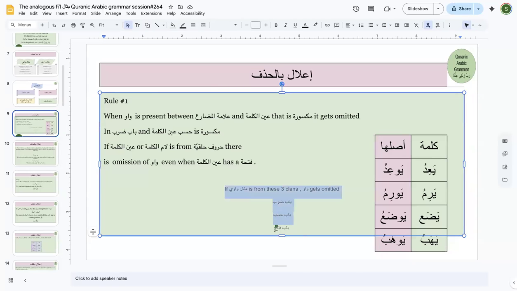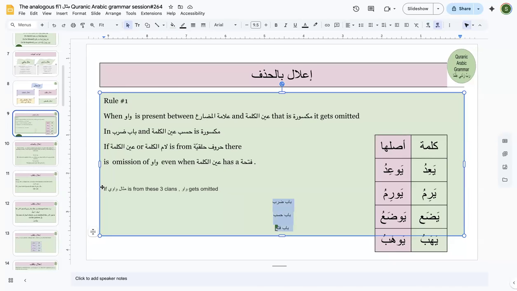So he just made it simple and easy, pretty much, that if your misal is coming from daraba, hasiba, or fataha, waw is going to get omitted. Does it make things a little easy? Remember always, there are always going to be a lot of exceptions too.